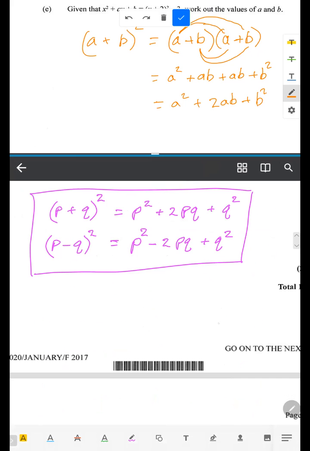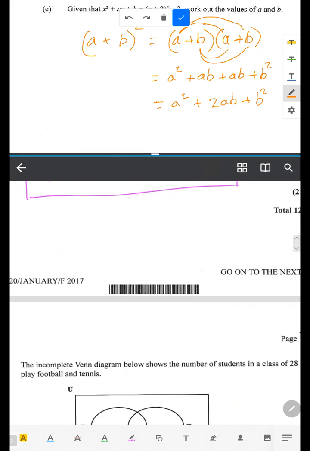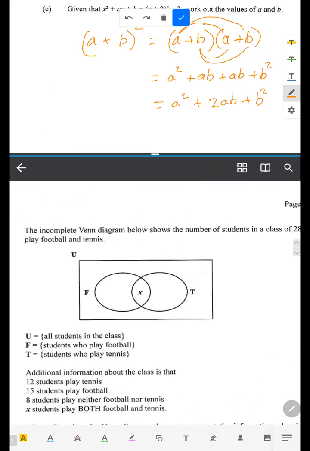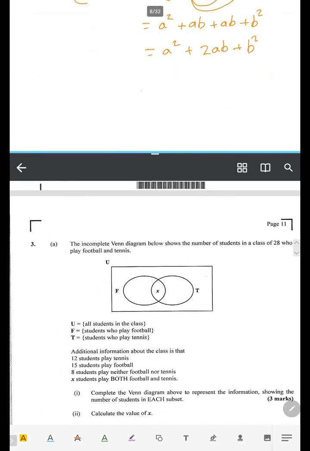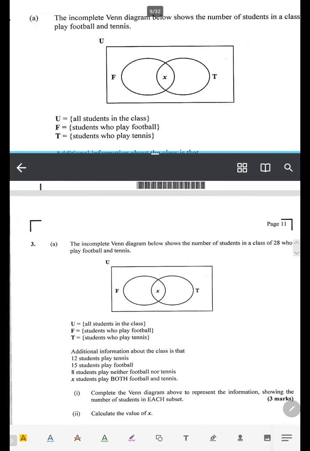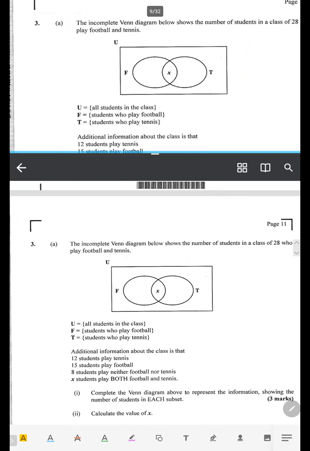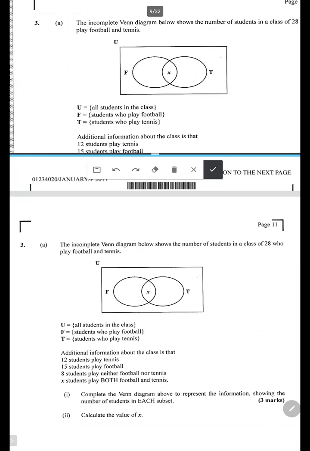The next question is on sets. Set is no longer on paper 2, but it's on the multiple choice, so we can still do it. This question says the incomplete Venn diagram shows the number of students in a class of 28.